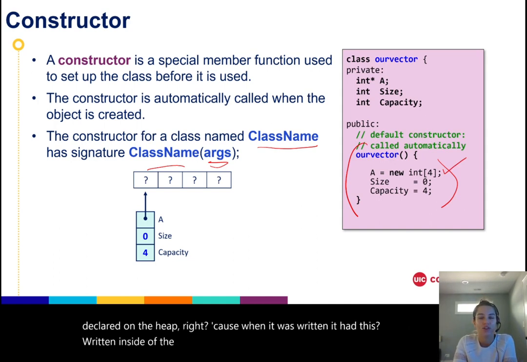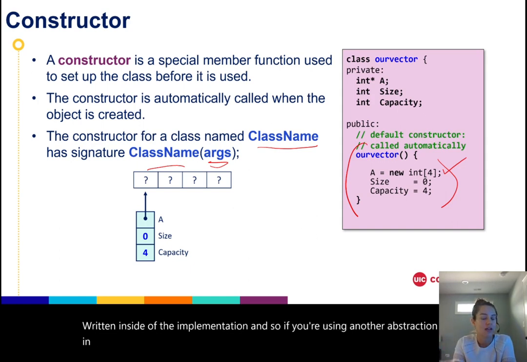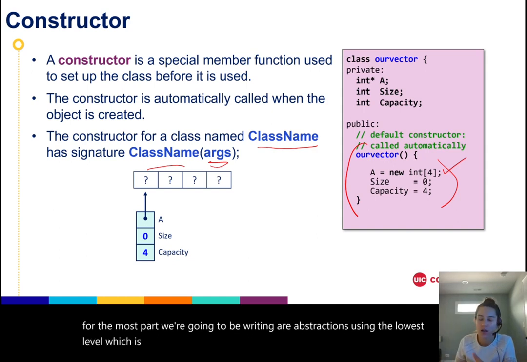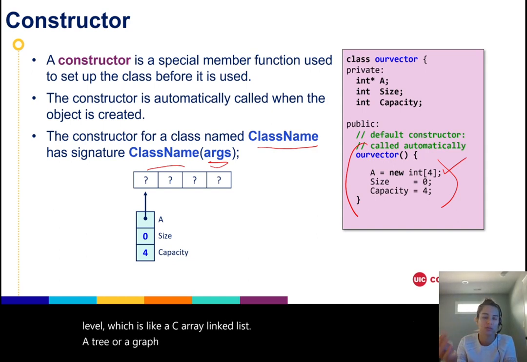So if you're using another abstraction in the abstraction that you're writing, you might not have the new keyword. But for the most part, we're going to be writing our abstractions using the lowest level, which is like a C array, a linked list, a tree, or a graph. And so we will always be allocating the memory and handling it ourselves.